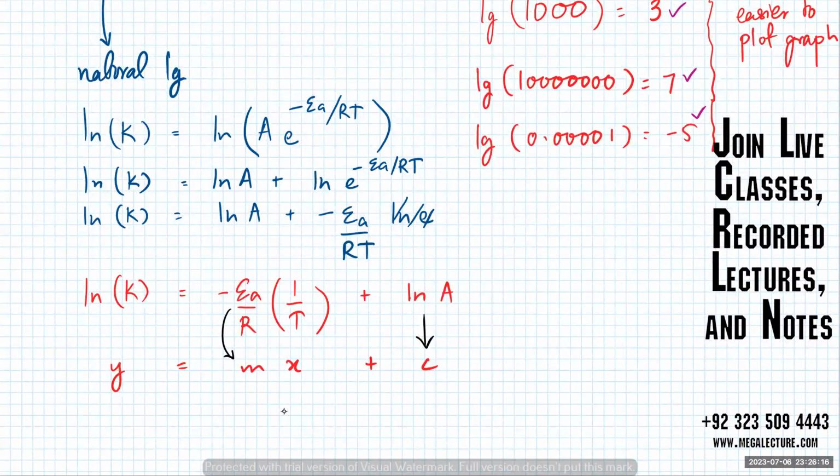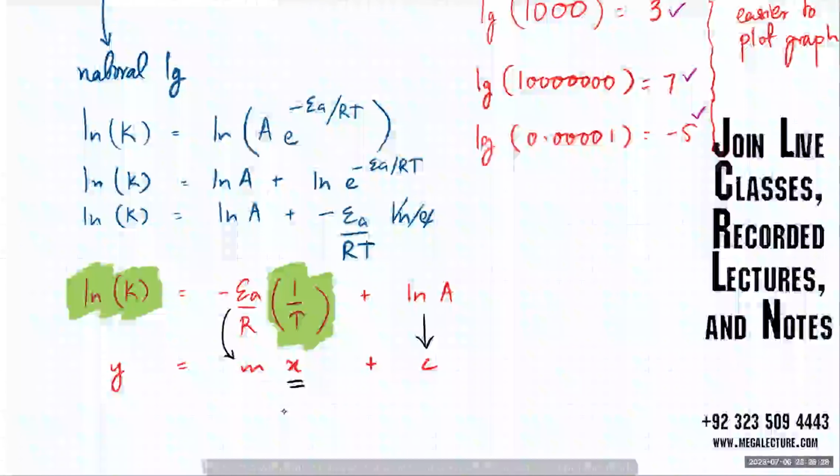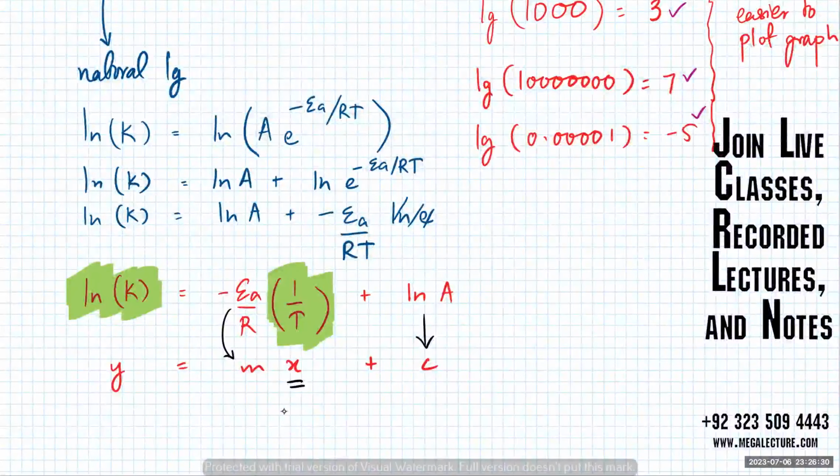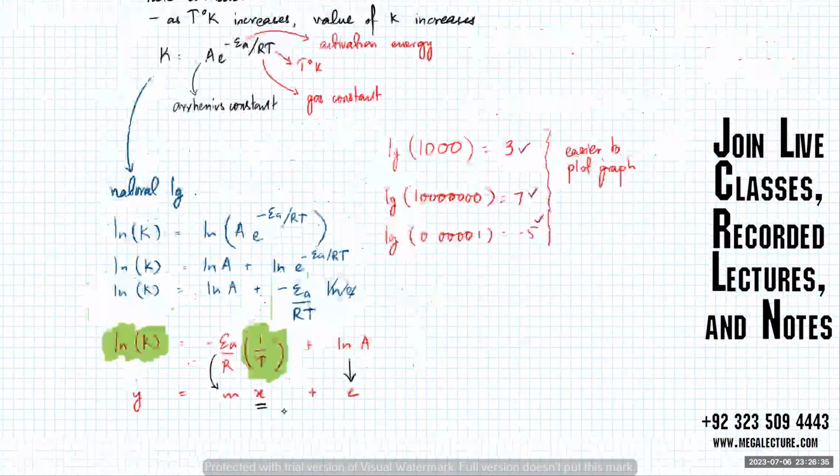So all you have to do is plot k versus temperature or 1 over temperature, and you will be able to figure out all the constants to figure out k.